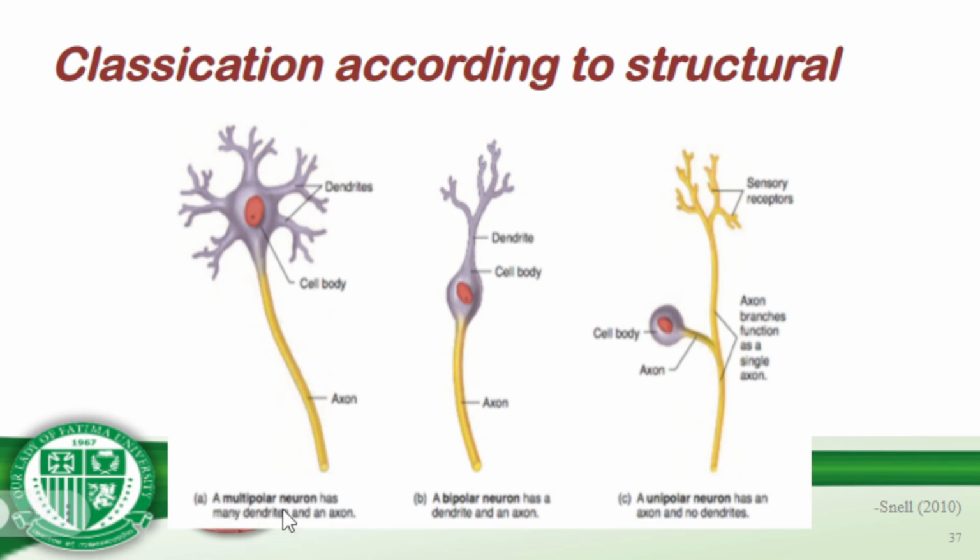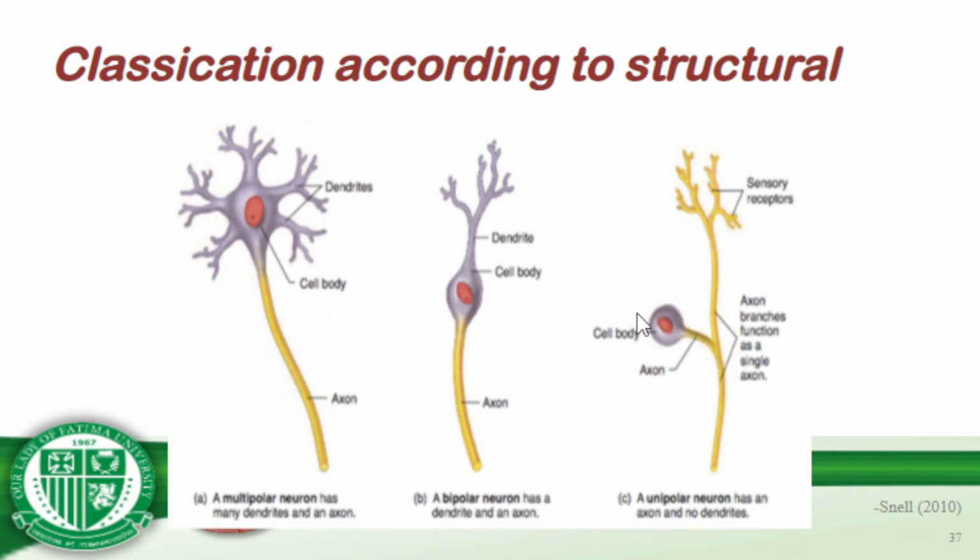Kaya multipolar. When you say bipolar, it only has one dendrite and one axon. So, tag-isa lang. One dendrite, one axon. Kaya tinawag na bipolar. And the last is your unipolar, which has one axon but no dendrites.